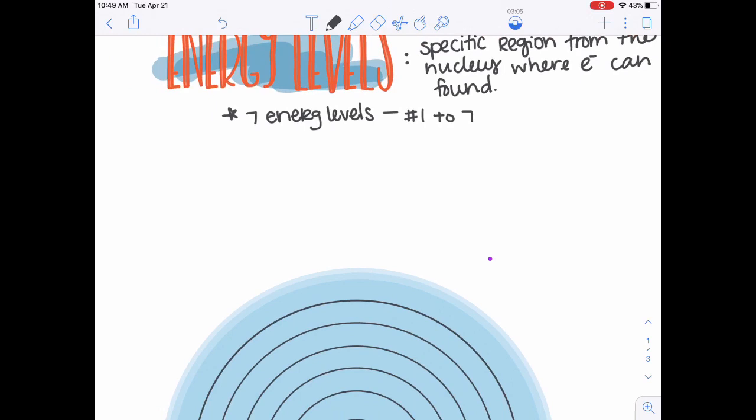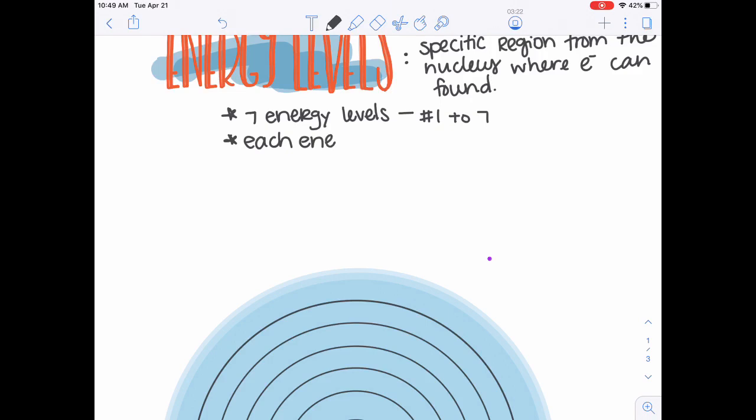Each energy level has a different energy associated with it. The energy level closest to the nucleus requires the least amount of energy, and the energy level farthest from the nucleus requires the most amount of energy.